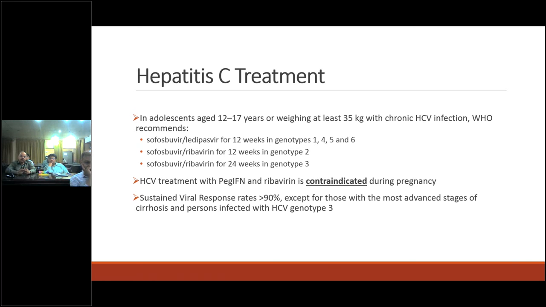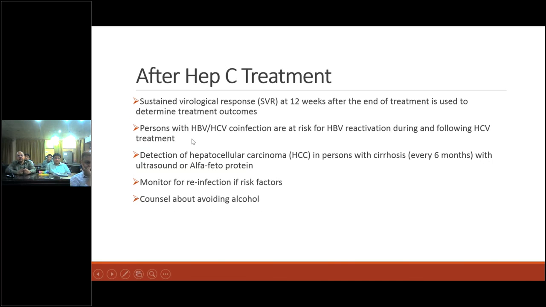Signs and symptoms are similar to hepatitis B, so low-grade fever, mild right upper quadrant pain, nausea, vomiting, anorexia, dark urine, jaundice, elevation of the liver enzymes, so the alanine aminotransferase and the aspartate aminotransferase.